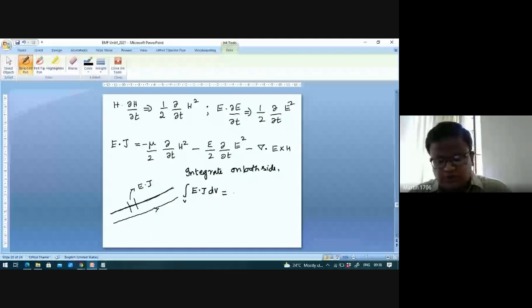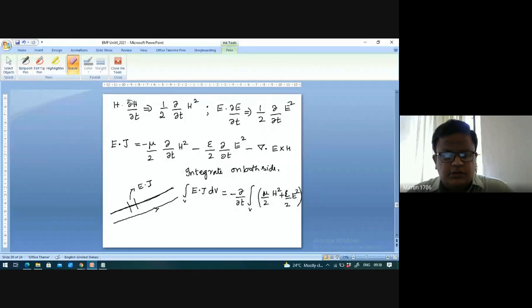So I can write: minus dou by dou t of the volume integral of mu by 2 H squared plus epsilon by 2 E squared dV. I will write it again so that it comes precisely inside the border.